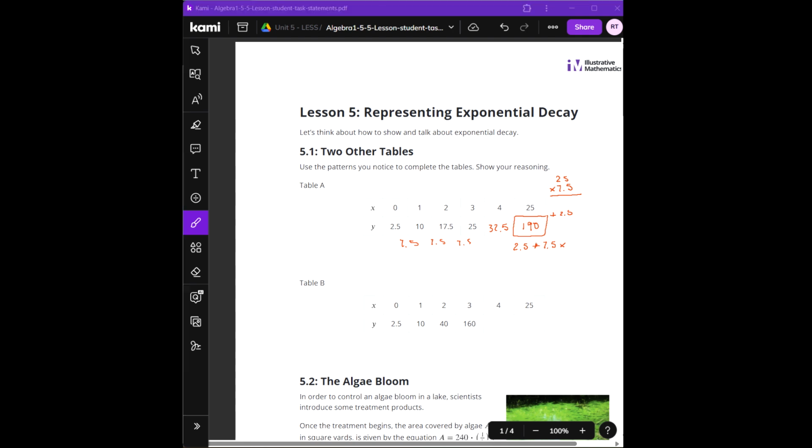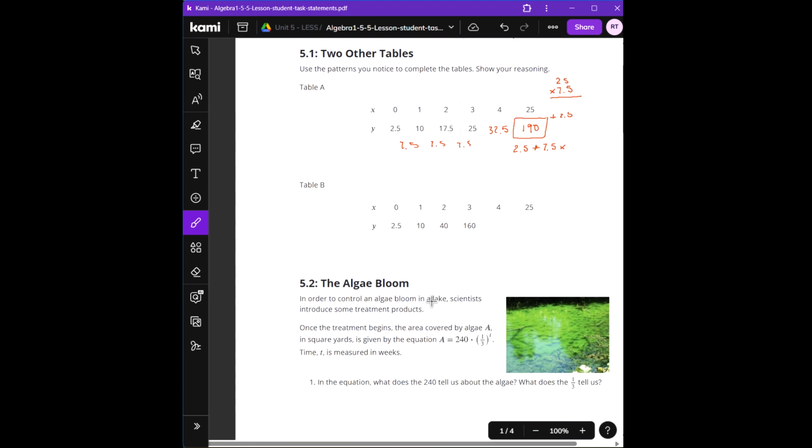Okay, so for the next table, it looks like this is not linear, this is going to be exponential. And so what we can do is, it looks like the x, okay, we're going to be raising this to a power. Okay, so x is going to be our power.